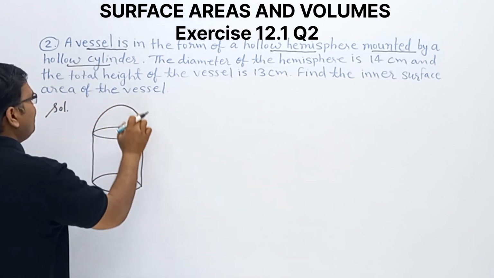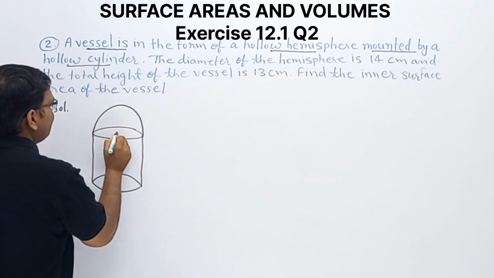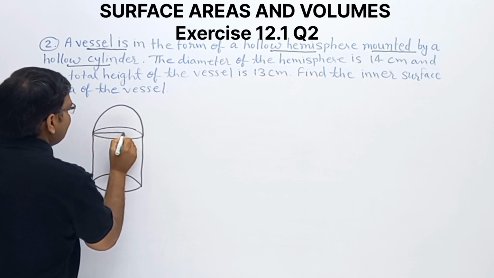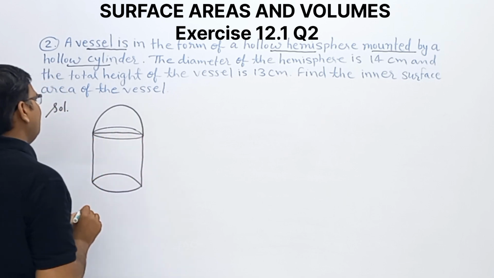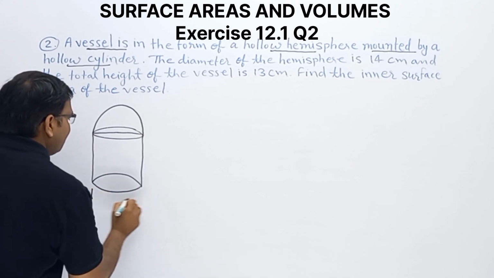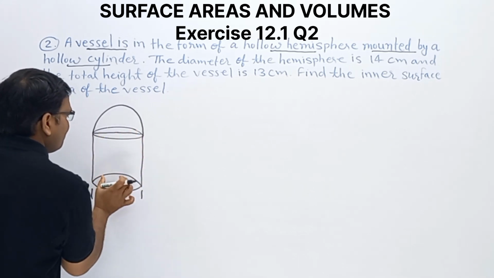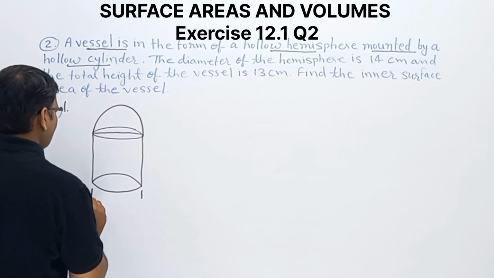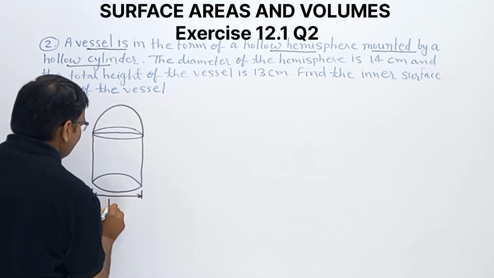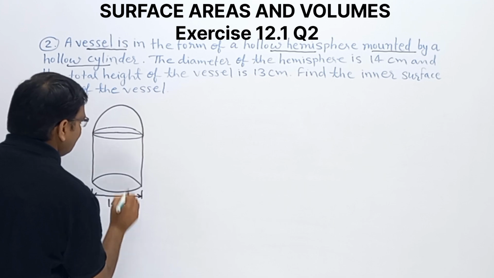The diameter of a hemisphere. This is the hemisphere, this is the center, and this is called the diameter. The diameter of the hemisphere is 14 centimeter. This one and this one are both the same.